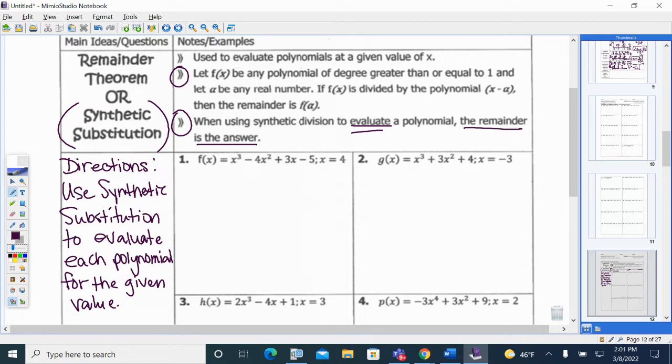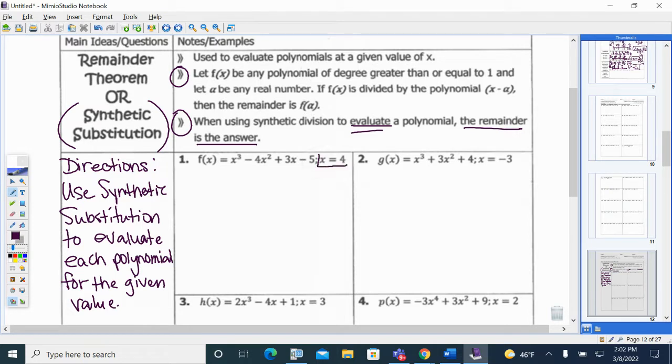So looking at example number 1, it says f of x is equal to x cubed minus 4x squared plus 3x minus 5. And we're going to evaluate if x equals 4. So again, what you used to do was substitute that in, the 4, x equals 4, into the problem. But again, we are going to use synthetic substitution.